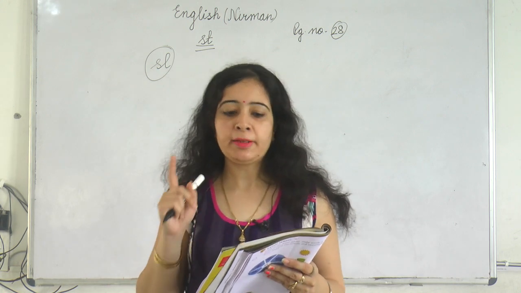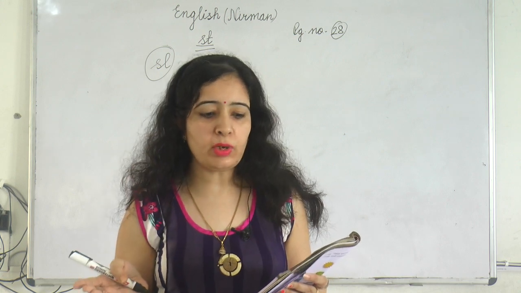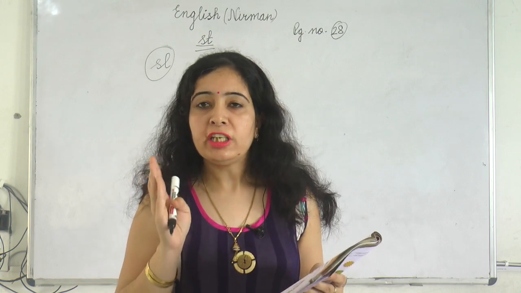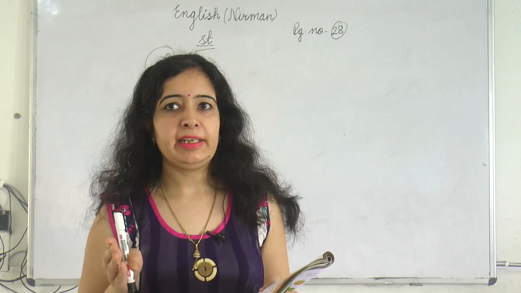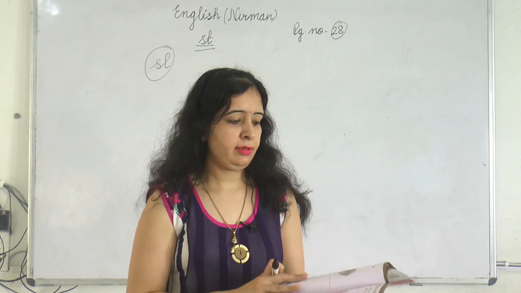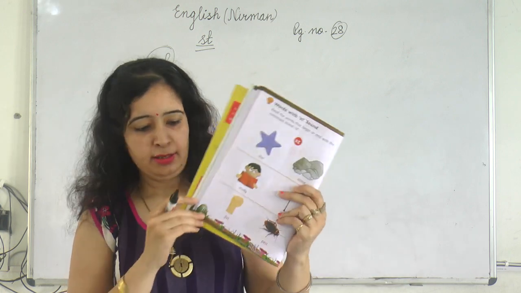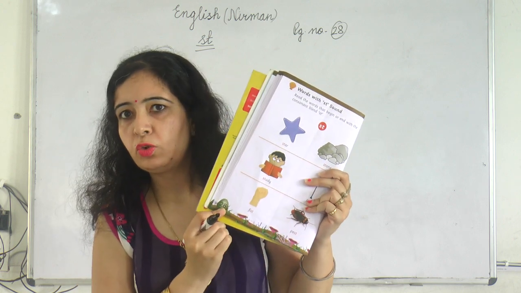Again I am repeating, when we add two or more than two alphabets, only consonant alphabets, then it creates a blend. So let's start. Next blend, ST blend. It's on page number 28.